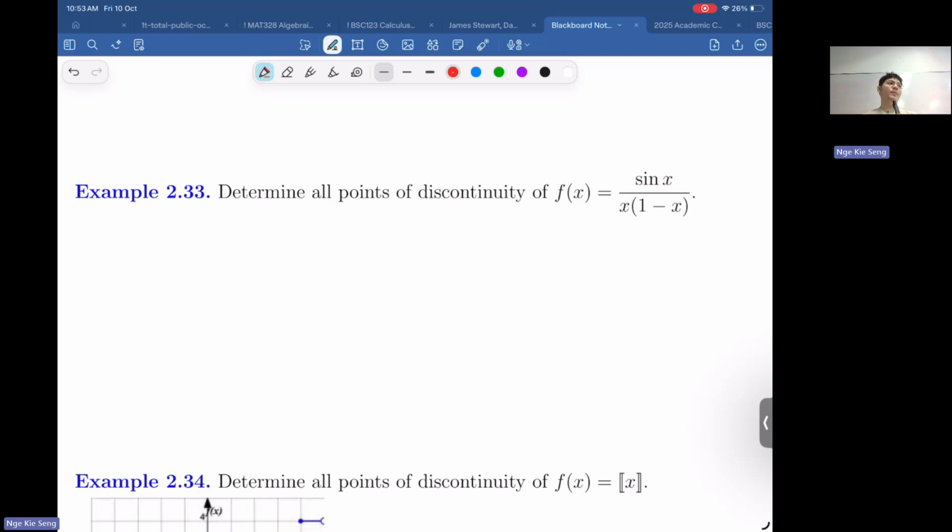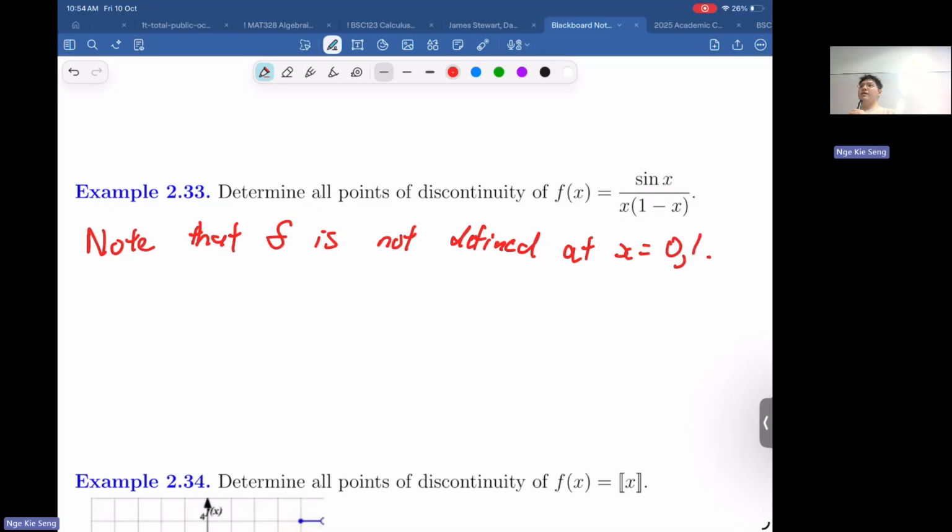Where is this function not defined? 0 and 1, good. It's not defined at x equals 0 and 1, because if you put 0, you divide by 0. You put 1, also divide by 0.